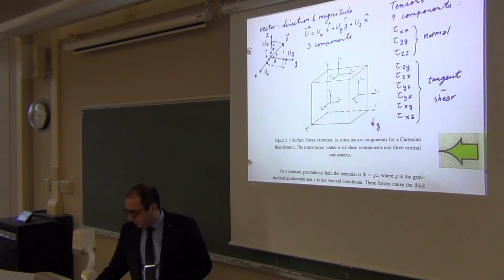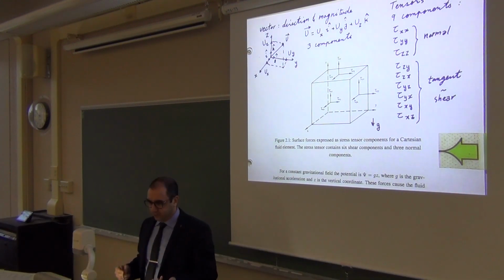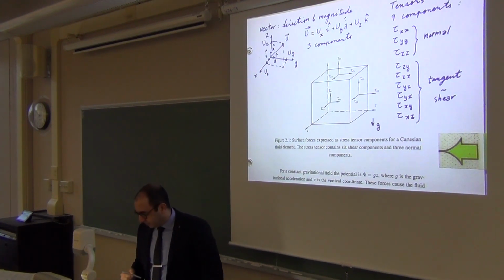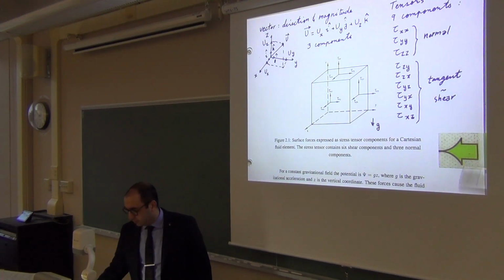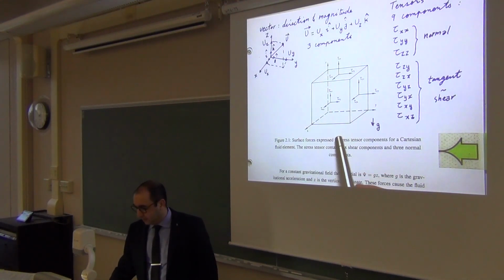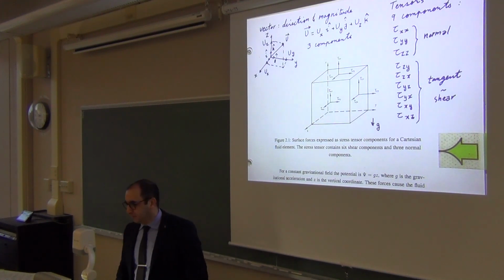But tensors, we said, are the next level of mathematical definitions, which depend on two directions simultaneously. And we talked about the tau, or surface stress tensor, which would act on the faces of a fluid control volume, wherever that might be.